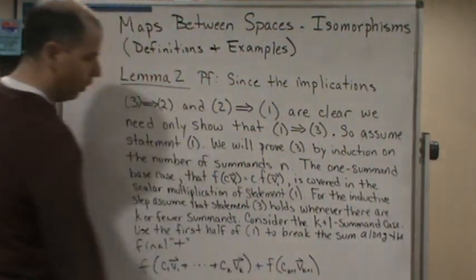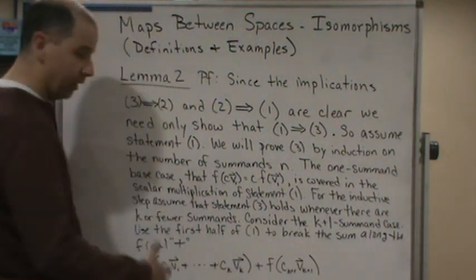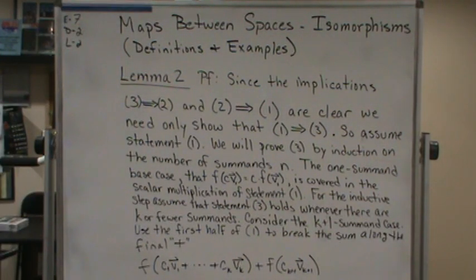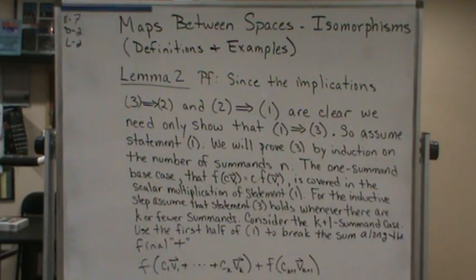Because statement 1 also applies to only having one summand. Once we break it up, the second part of statement 1 gives you the scalar multiplication. And then you're done, because we just showed that it applies to k plus 1 vectors. Therefore, statement 3 is proven. And that's it.